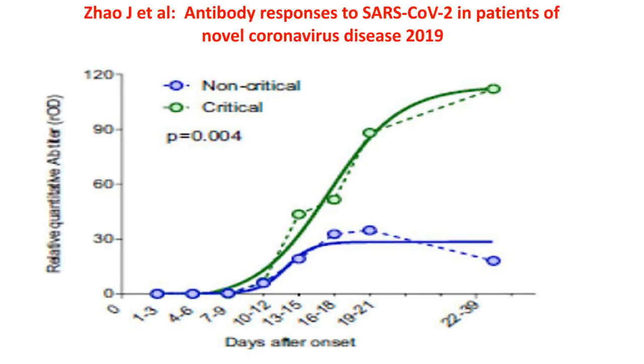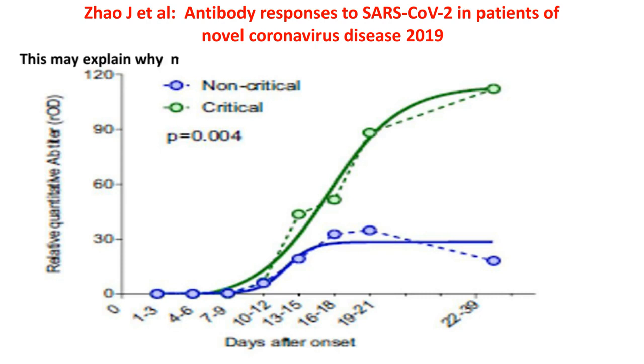It was clear right in the beginning that not everybody produces very high titers. Those who had severe infection and were admitted into ICU had higher titers of antibodies, but those who had non-critical or mild infection would have a mild response.